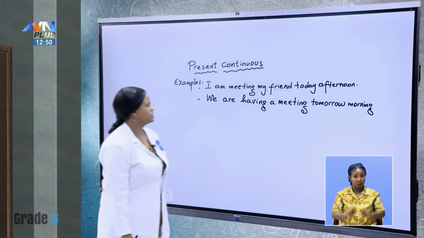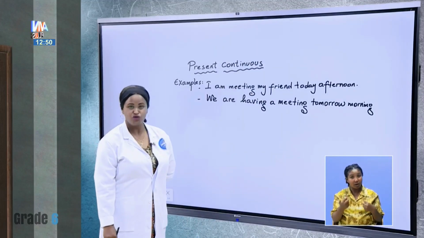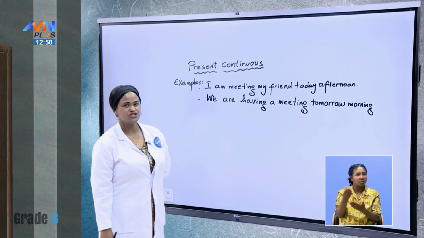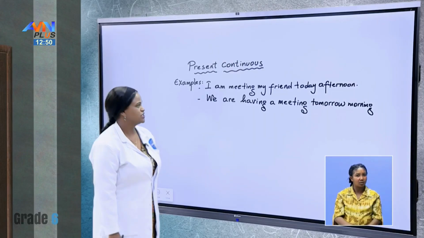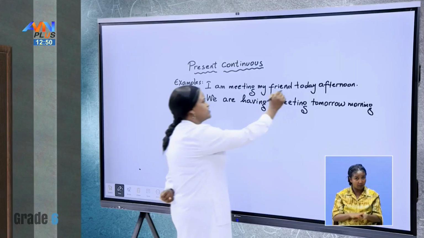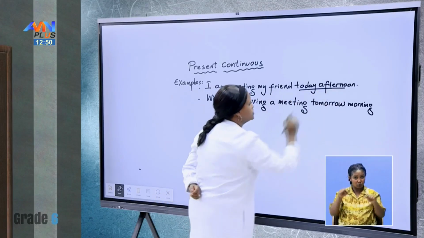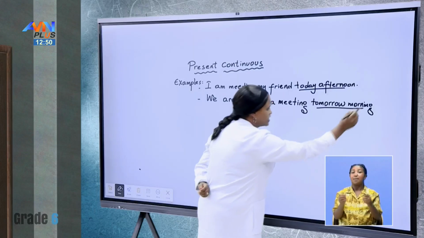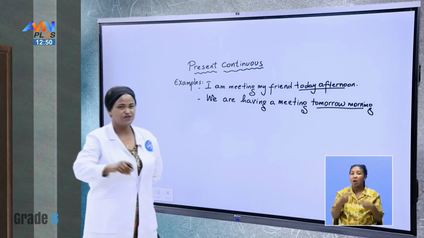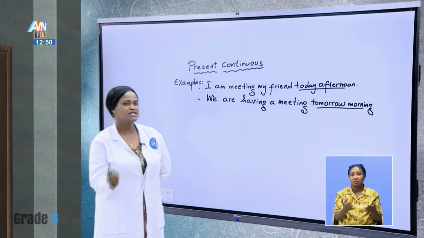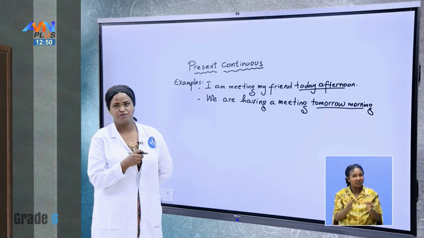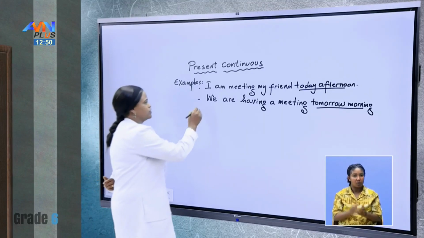Look, we are having a meeting tomorrow morning. Can you tell what kind of actions these are? In the first one, I am meeting my friend today afternoon, and we are having a meeting tomorrow morning. We have a specific time in the future. But sometimes not only time, we can also have a specific place.